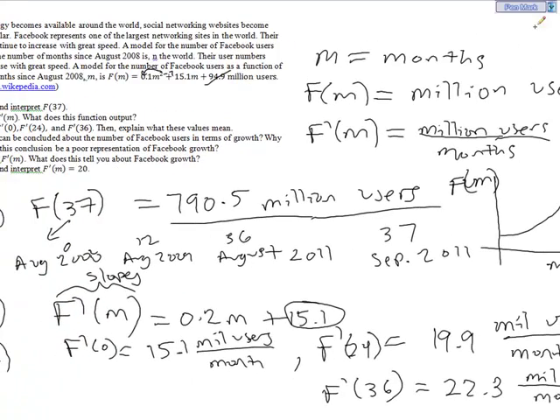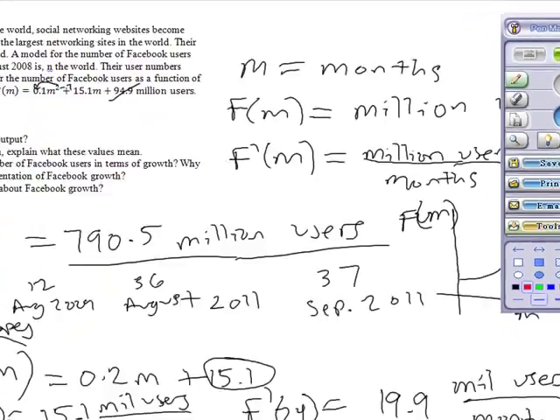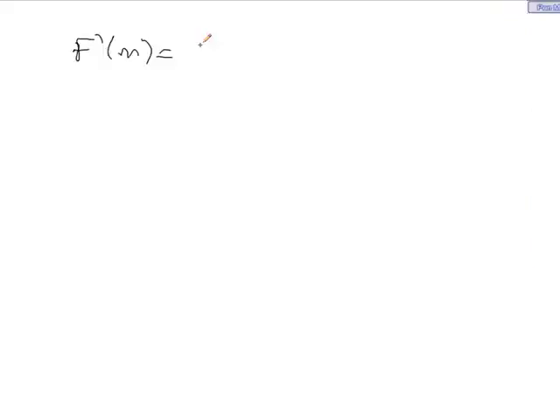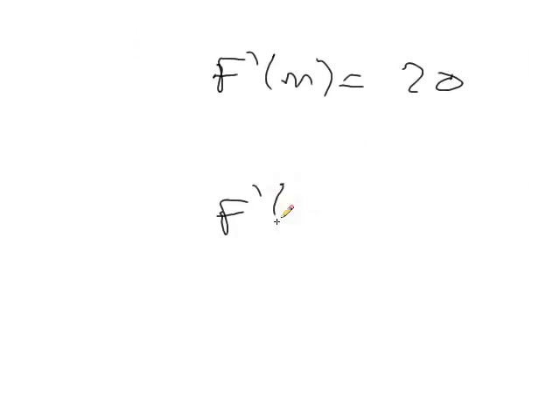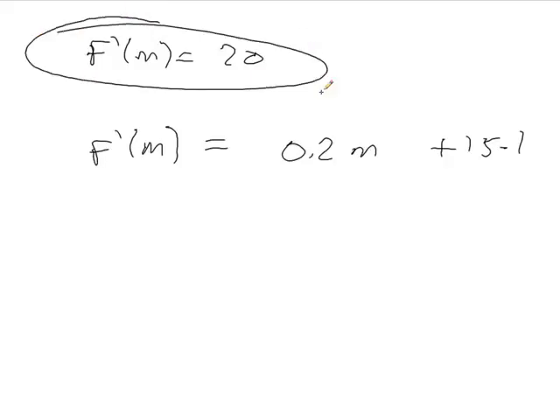In part f, we want to find and interpret f prime of m equals 20. Now f prime of m is equal to 0.2m plus 15.1. So what does it mean to have f prime of m equal to 20?